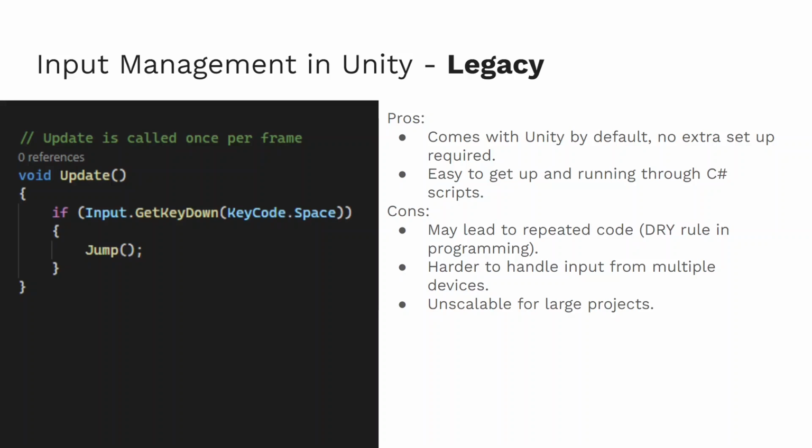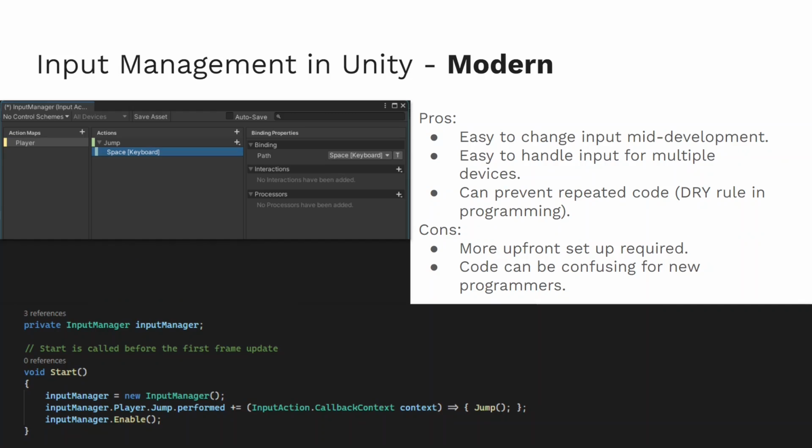So I would recommend using this legacy system for prototyping, because you don't have to do any extra setup or upfront work. It just works right out of the box. But if you want to use it for a larger, more long-term project, I recommend the modern input system.